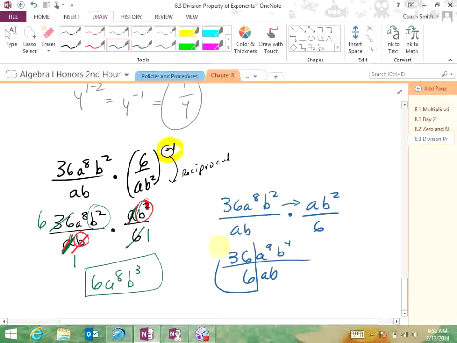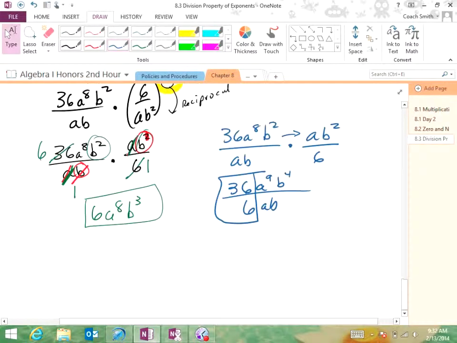Well, those right there can reduce to 6 over 1. A to the 9th, a to the 1st, a to the 8th. And here, b to the 4th, b to the 1st, b to the 3rd, all over 1. And so either way, you're going to get the same answer.